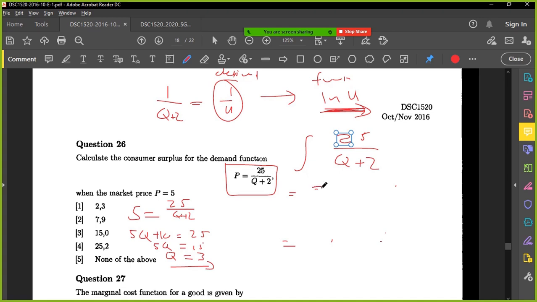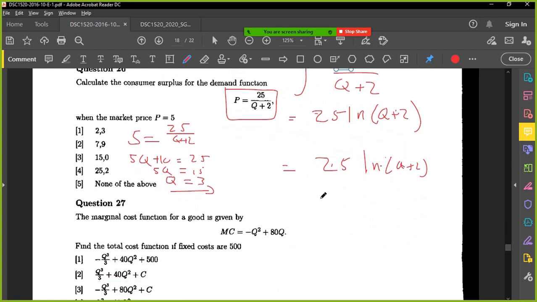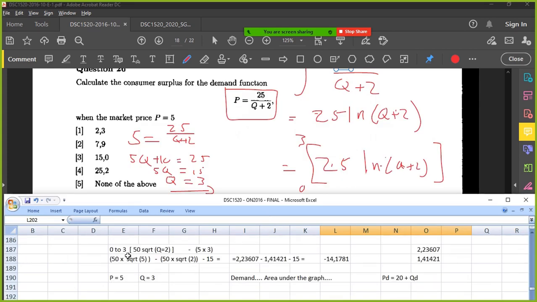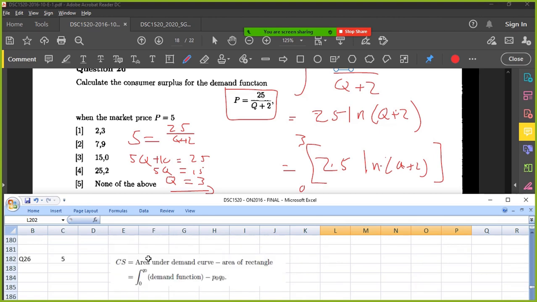I'm going to get 25 ln q plus 2. That's what I'm going to get. Okay, so then if I'm working out, what is it? It was 0 to 3, hey? Okay, 0 to 3. So then I'm going to have, let me write this down. Okay, so this part I'm going to correct.